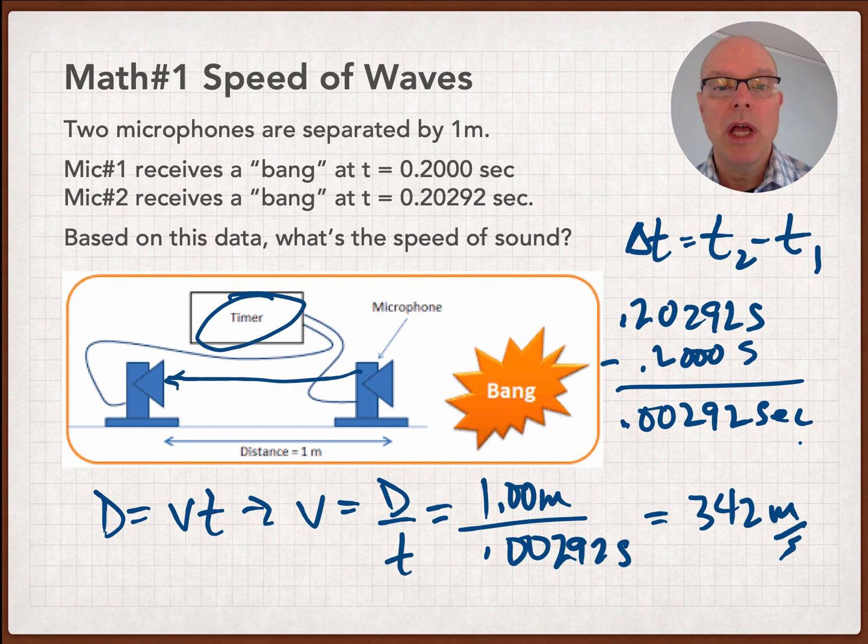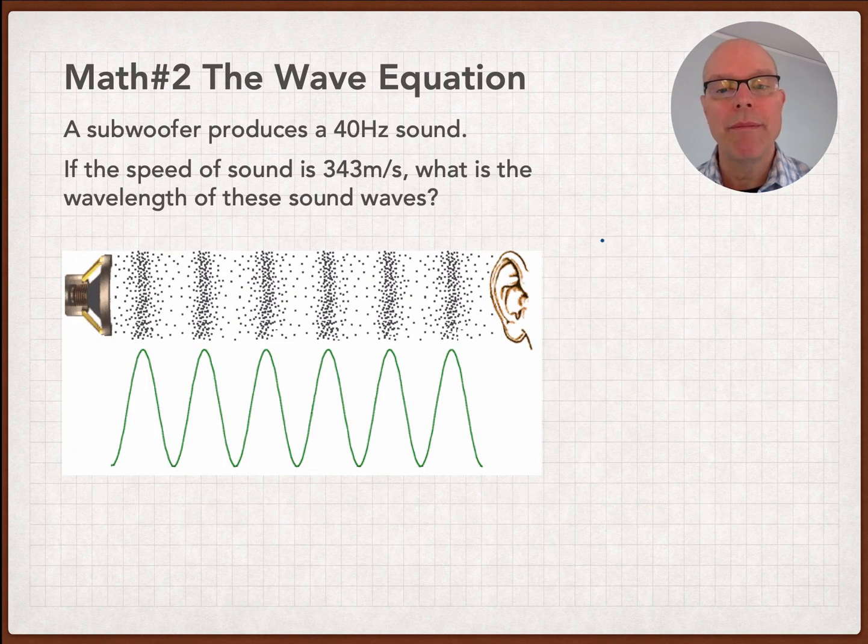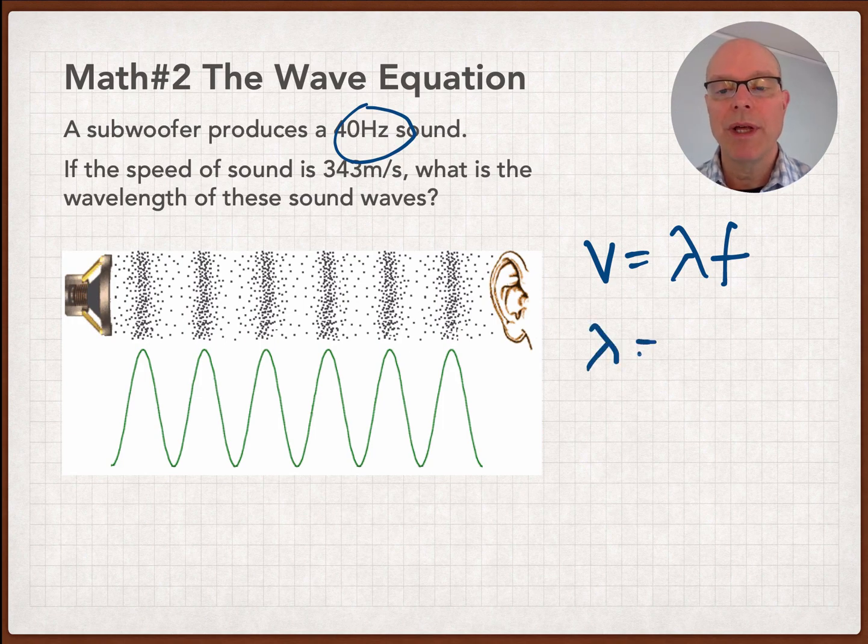The next equation is also one you've seen. The second equation that you'll remember is the wave equation. It's velocity equals wavelength times frequency. The math is straightforward. When you see hertz, you recognize that as a frequency. You see meters per second, you recognize that as a speed. So we can just solve lambda equals velocity divided by f.